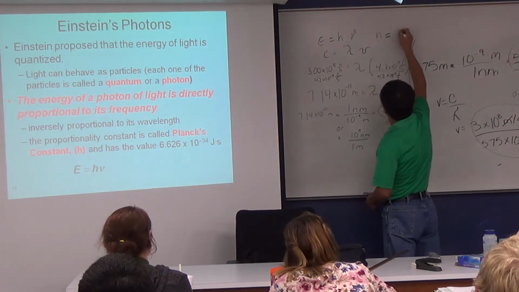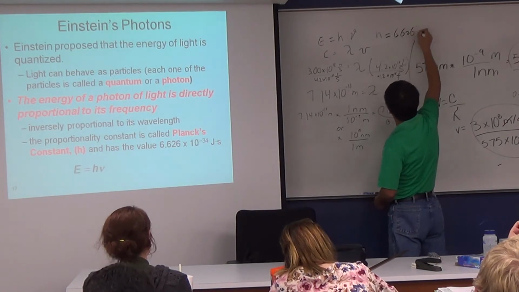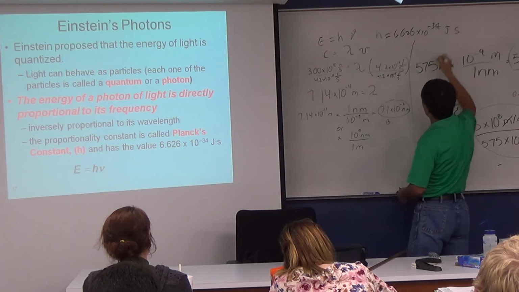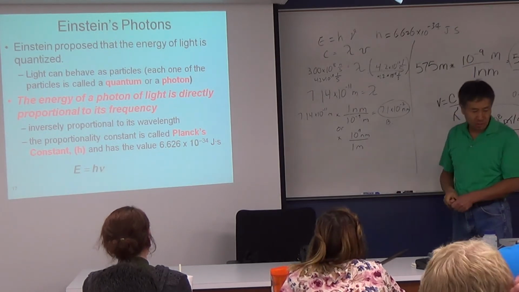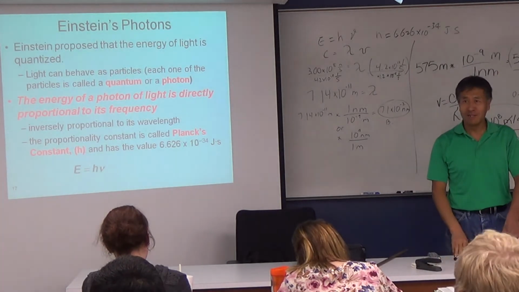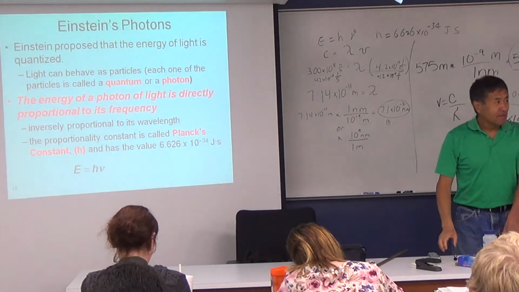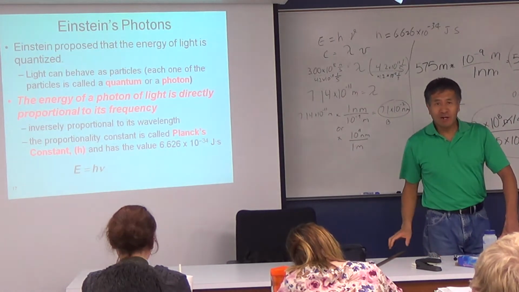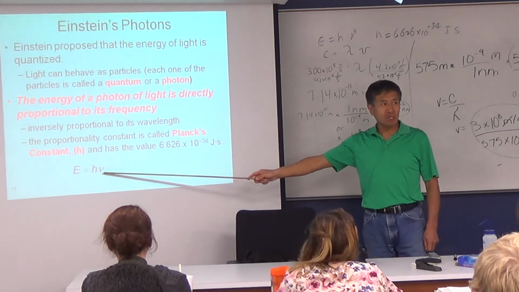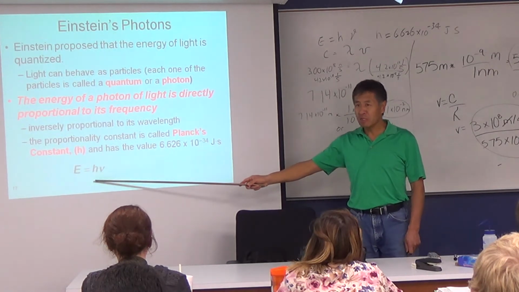So h equals 6.626 times 10 to the minus 34 joule times second, and it is a constant again. You don't see this in the first few chapters, but you will use it a lot. Right, so if I give you the frequency, you can use this right away.